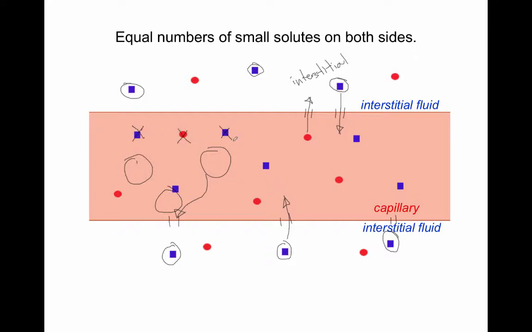This creates a demand to still equalize what's outside of the cell in the interstitial fluid and what's inside. So there'll be a progressive move of water into the cell to balance what's outside of the cell with what's inside. This is called osmolarity.